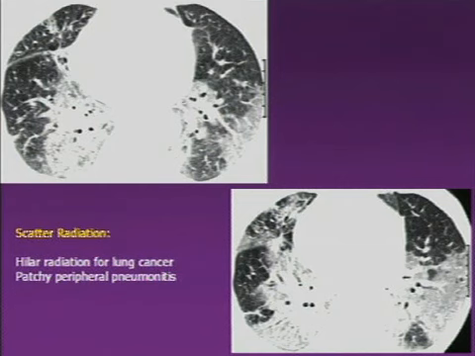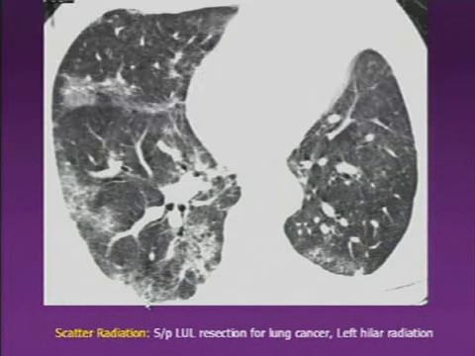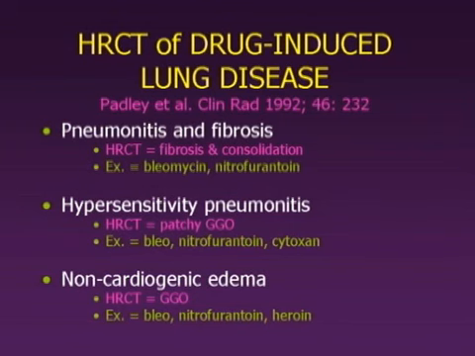So although I have emphasized that you should look for the radiation pneumonitis in the port, you can get scatter radiation in the periphery of the lung. Another patient who had a left upper lobe resection and left hilar radiation after the surgery has quite a bit of radiation pneumonitis throughout both lungs, scatter radiation.